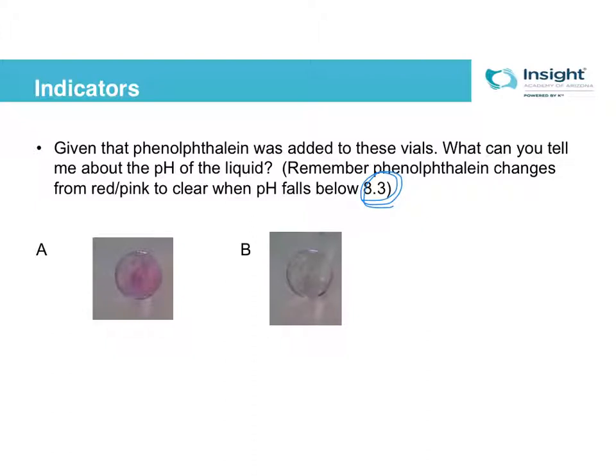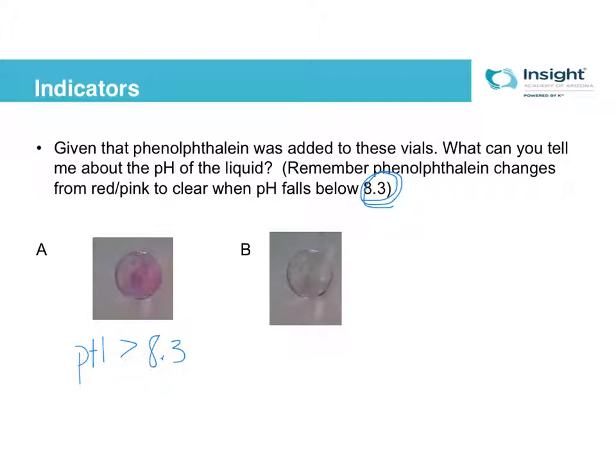So I'm hoping what you are saying is that for vial A, pH has to be greater than 8.3, because phenolphthalein goes clear once the pH drops below 8.3.